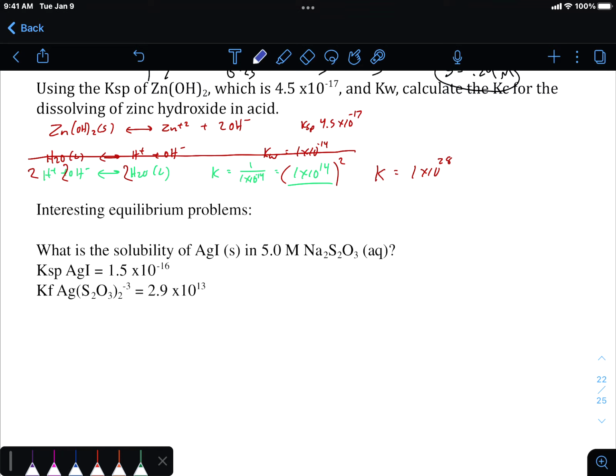We can cancel 2 hydroxides. So the resultant equation will be zinc hydroxide solid plus 2H plus forms zinc ion and 2 waters.